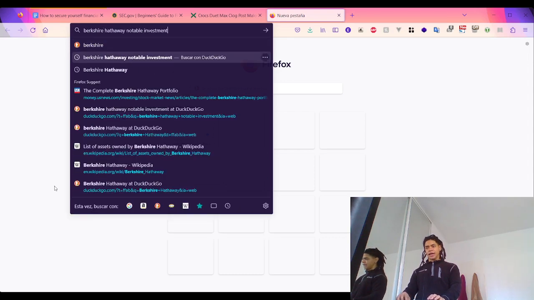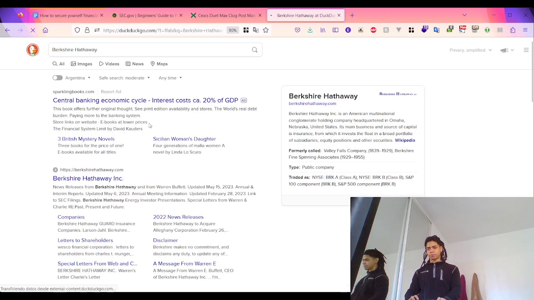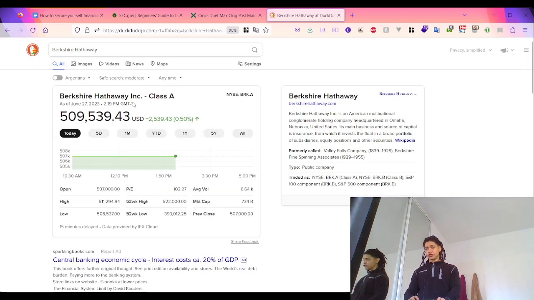Berkshire Hathaway is a holding company led by Warren Buffett, which engages in business activity through owning stocks. Berkshire Hathaway invests in a variety of sectors like energy, retail, and real estate.